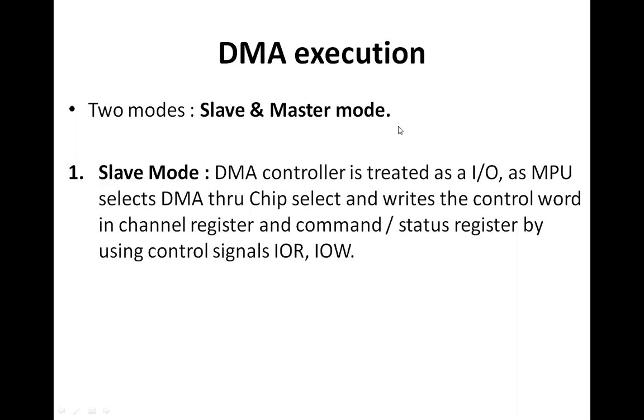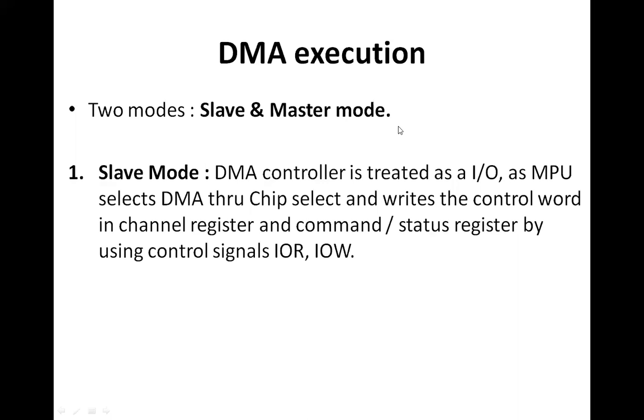In the slave mode, the DMA controller is treated simply as a peripheral device. And for that, there are certain steps to be used for using the DMA controller in slave mode.